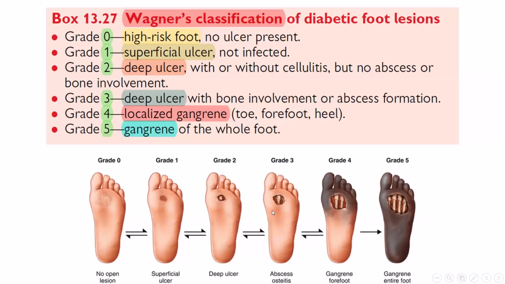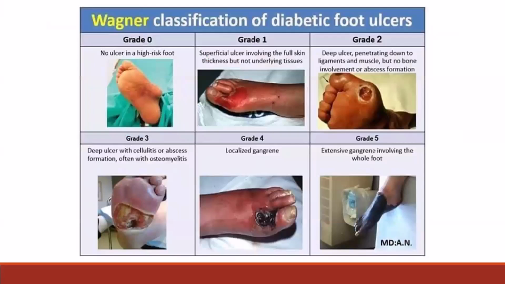Grade 3, deep ulcer with bone involvement or abscess formation. Grade 4, localized gangrene affecting the toes or forefoot and heel, and grade 5, gangrene of the whole foot. And this is another image for the Wagner classification, grades 1, 2, 3, 4 and 5 by image.